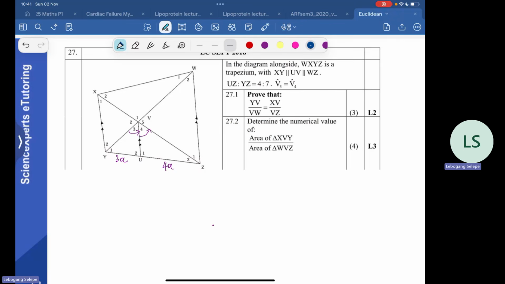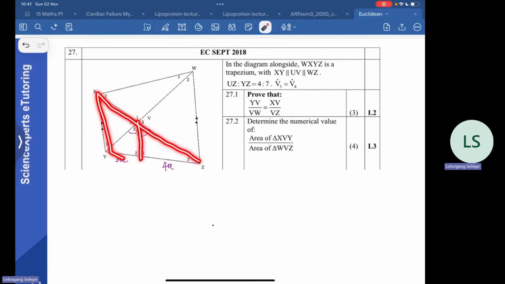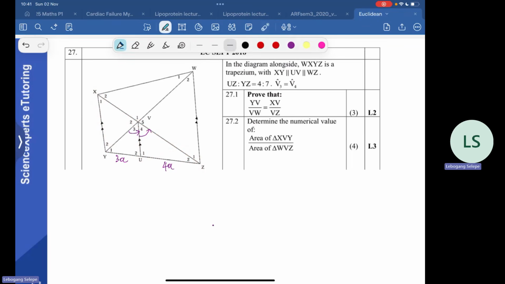Let's see. I can see that this triangle here, in this triangle, right, I can already see that this divided by that would be equal to that over that. So I can already say that, okay, xv over vz is equals to yu over uz, right?